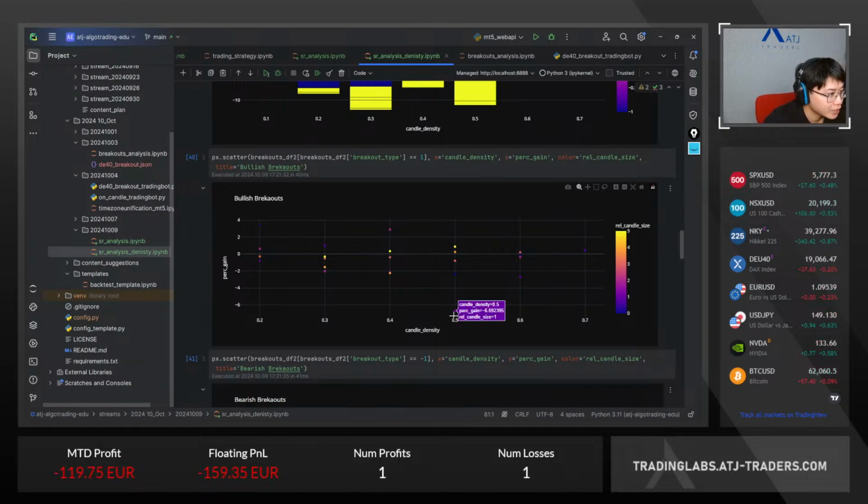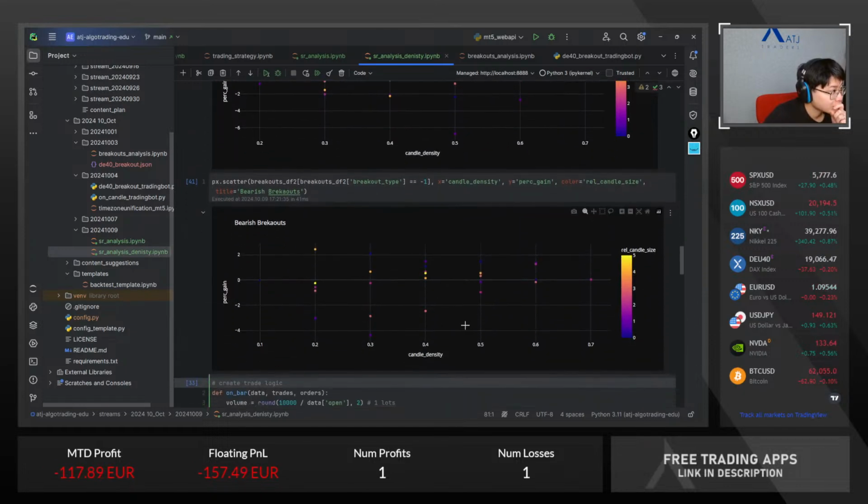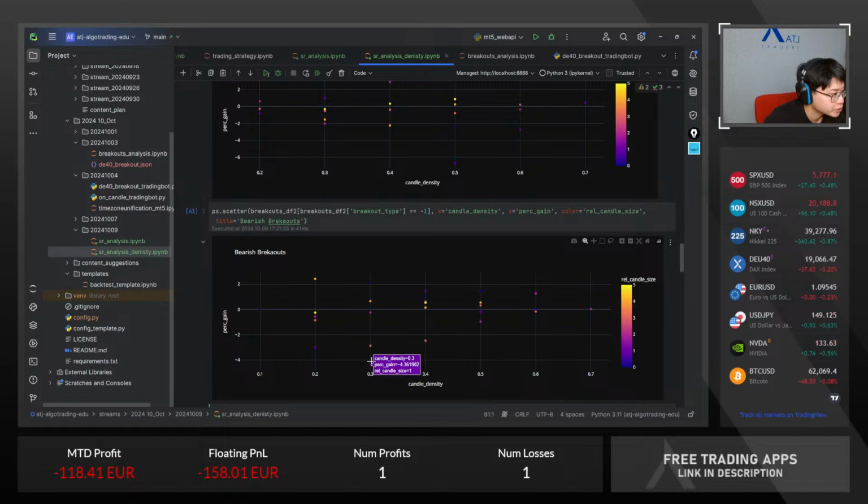So for example, when candle density is 0.5 and relative candle size is 1, and it's a bullish breakout, we should go short. This is what the app is suggesting to do. And for example here, we can select, okay, if we have a bearish breakout, so now we're looking for reversal trades.